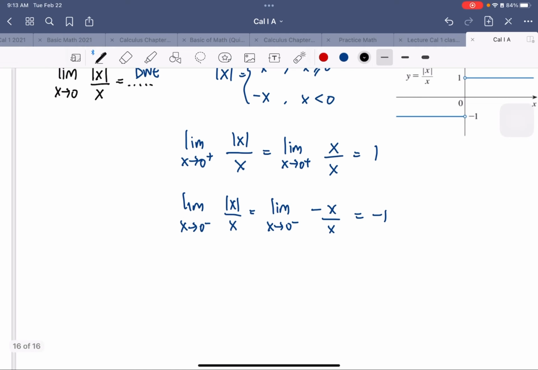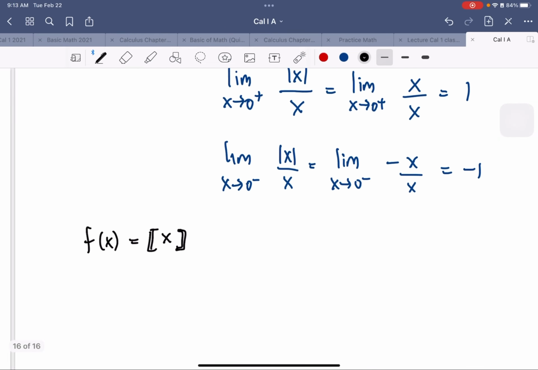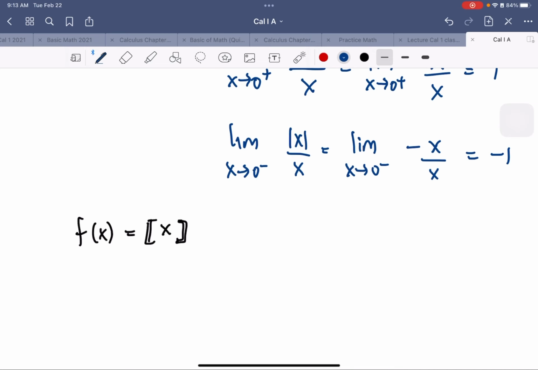Another function that I want you to observe is, let me just write these functions. This is what we call the greatest integer function.